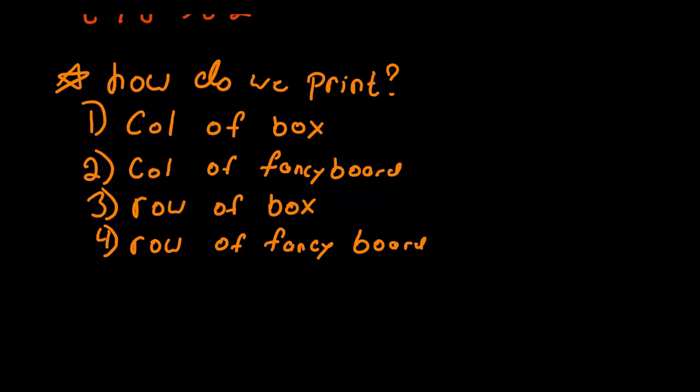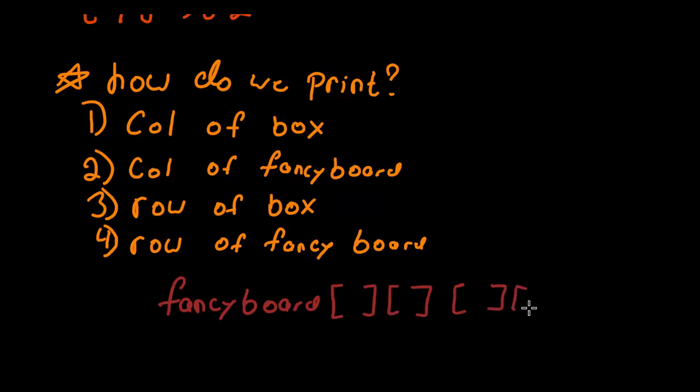So let me help you out a little bit with how this is going to actually look in the program. We're going to have something like fancy board, and then we're going to have some indices. I want to talk about just what this is first off.